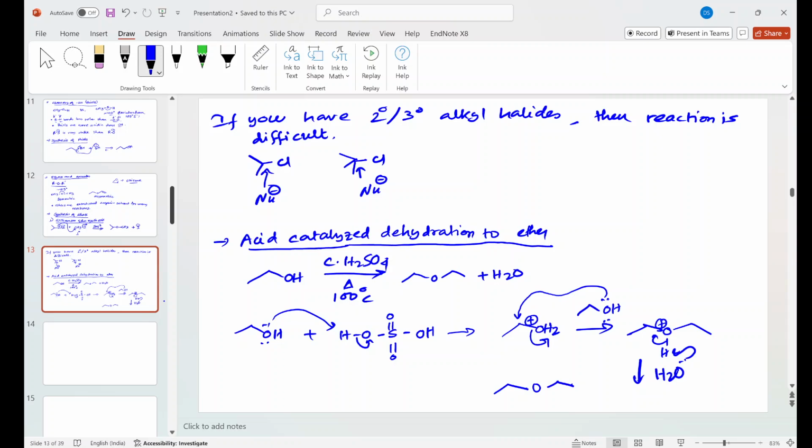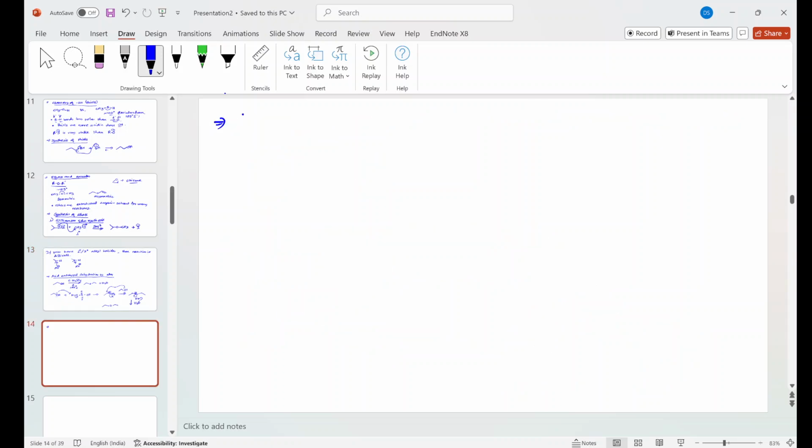Next reaction will be, we will react some alkene with the alcohol in presence of acid. So what will happen?